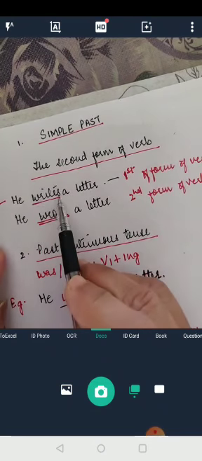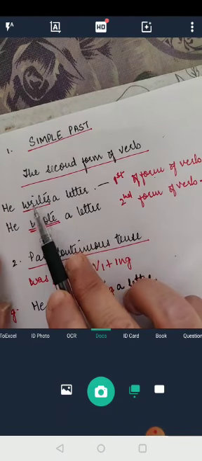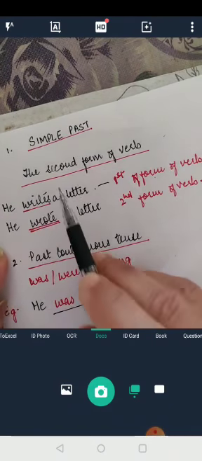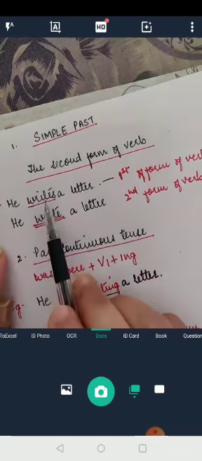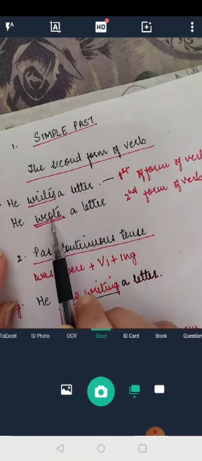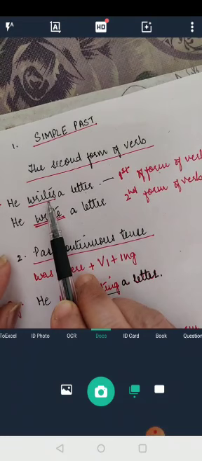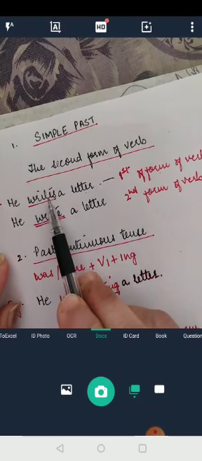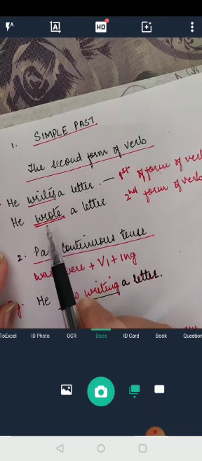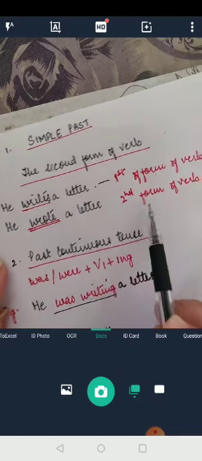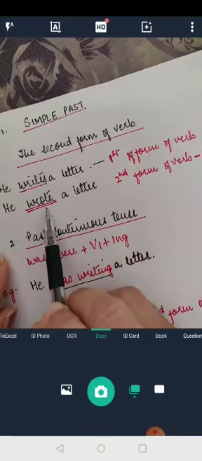Writes here is in the first form. But when we do a sentence of simple past, then writes becomes the second form of the verb. So write is in the first form in the simple present, and this will change into wrote in simple past, where wrote is the second form of the verb. So he wrote a letter.